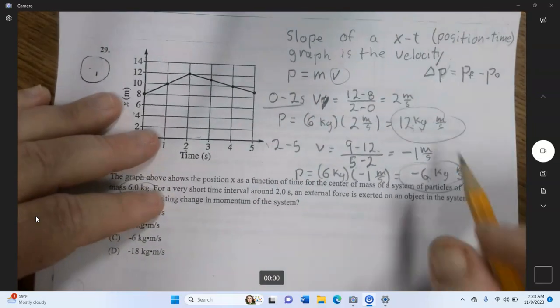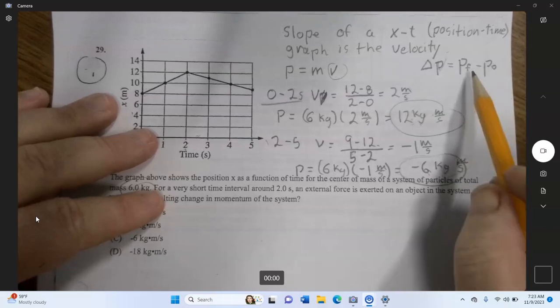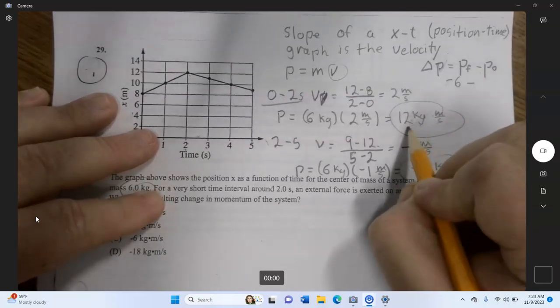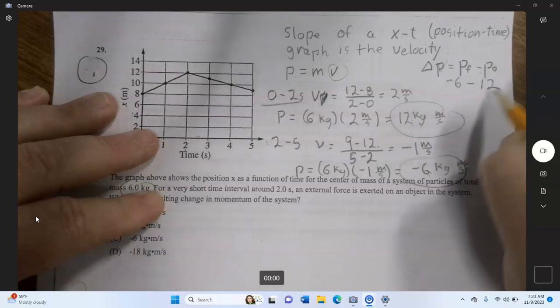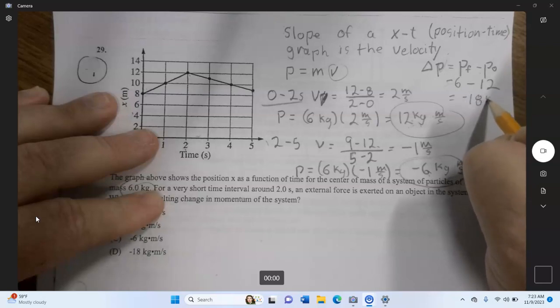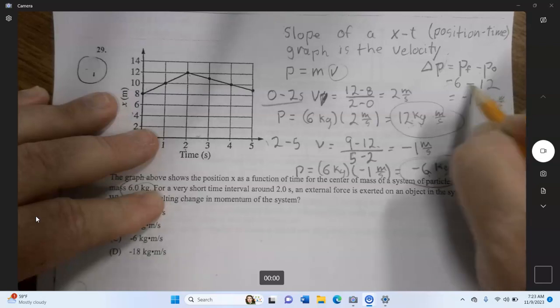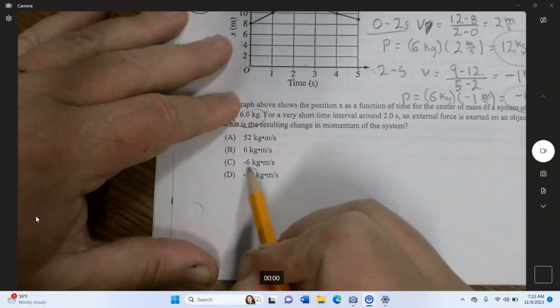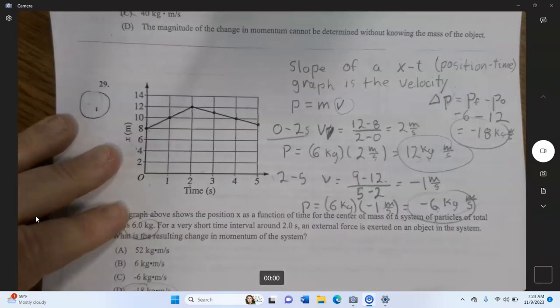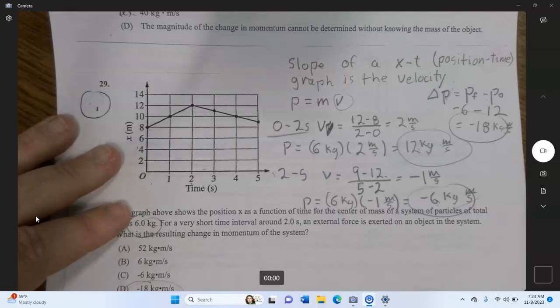Okay, so final is negative 6 minus the initial, which is 12, and that gives you negative 18 kilogram meters per second. Okay, and that's this answer right here. So look at that, copy it a second, third time until it really makes sense to you.